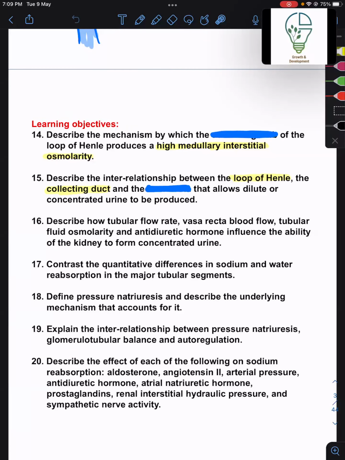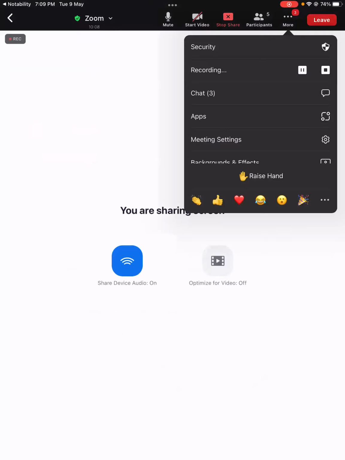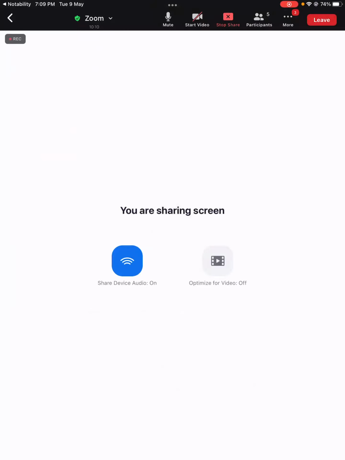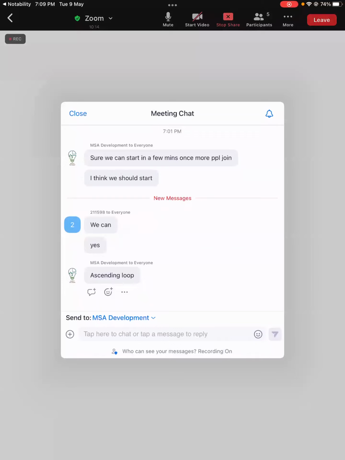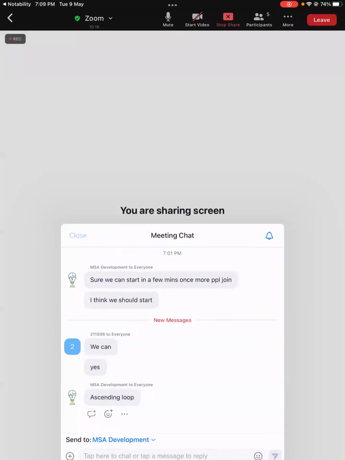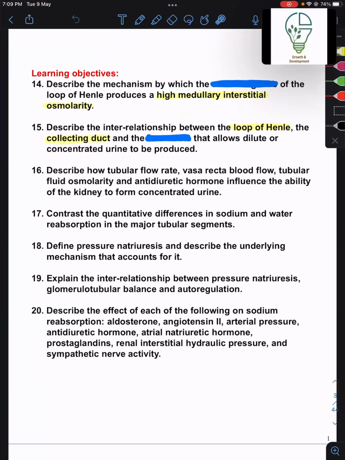In other words, a high medullary solute concentration. If you guys want to answer in the chat. Ascending loop, okay, good. If you guys unmute, that would be easier for me, but yeah, correct. It's the ascending loop of Henle.